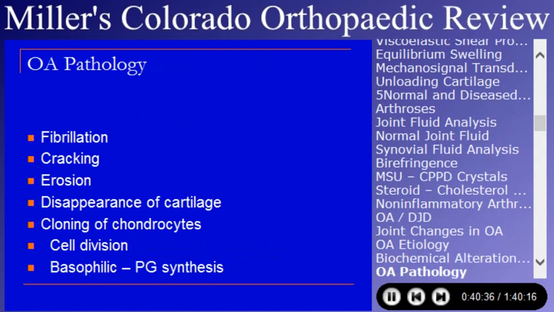The pathology is fibrillation, cracking, erosions, loss of cartilage. One sees cloning of chondrocytes. There's an increased amount of cell division, which results in some new proteoglycan synthesis, which can be stained for.